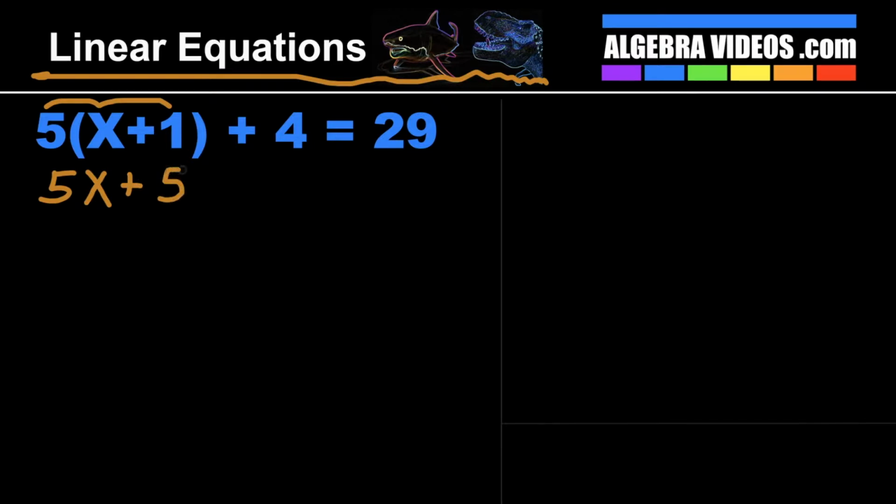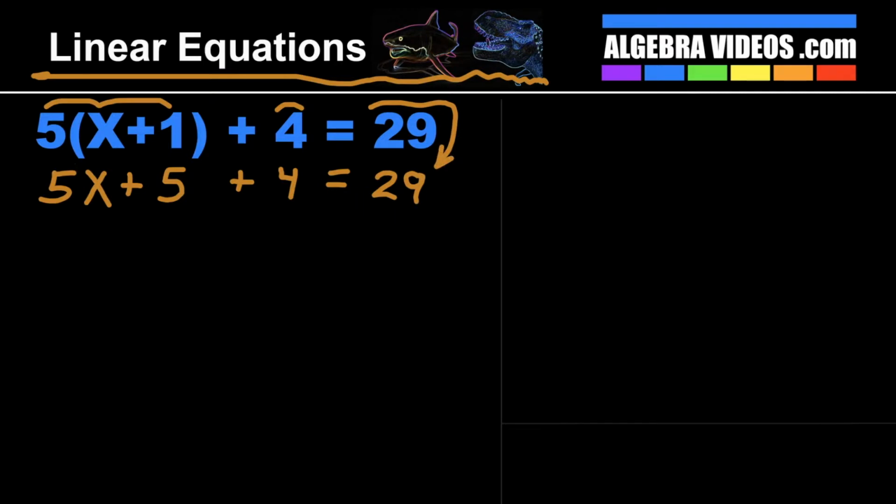So multiplying 5 times x plus 1 is 5x plus 5. And then the rest of this I'll just leave it the same. 4x plus 4, that's this 4 right here. And that equals, on the right side, 29. And I'm just bringing down this 29 right here.